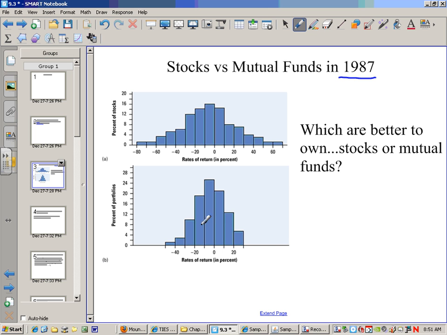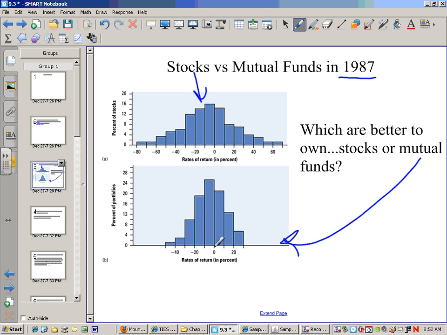Now, when I look at mutual funds in this graph, mutual funds take a group of 5 stocks, sometimes more, sometimes less, usually more. But in this case, it was all groups of 5 stocks, and it found the returns of those.